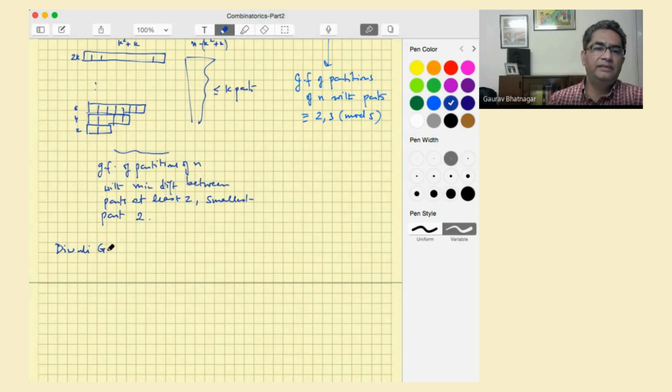So here's my Diwali gift. I gave better ones to my calculus class, but anyway, this one is also nice. So this is an open problem. Prove bijectively.